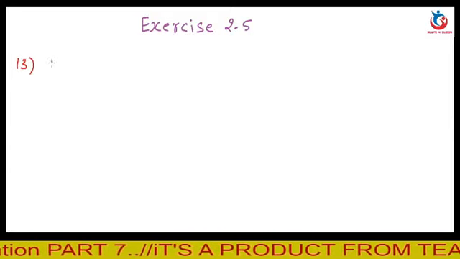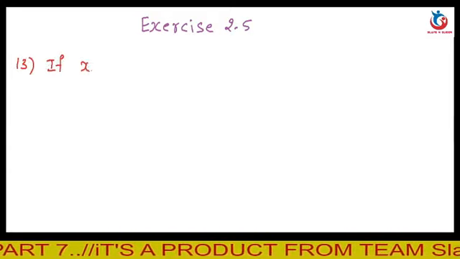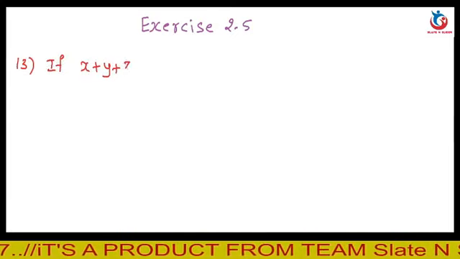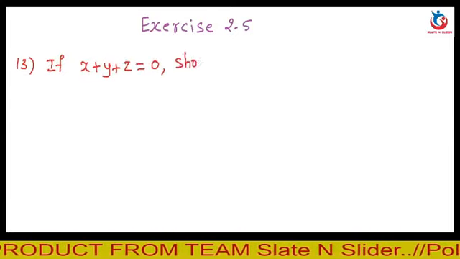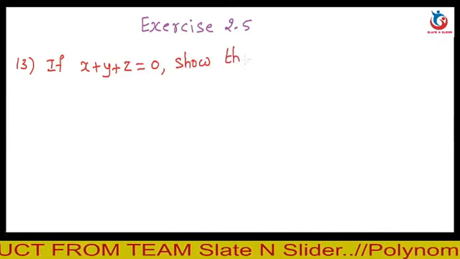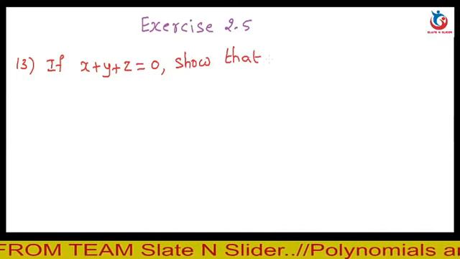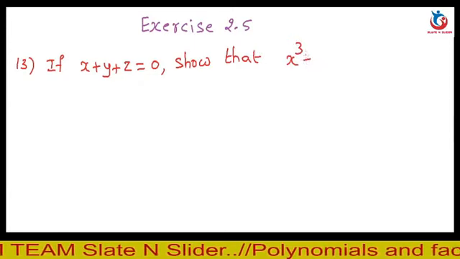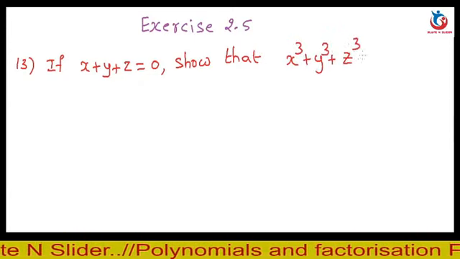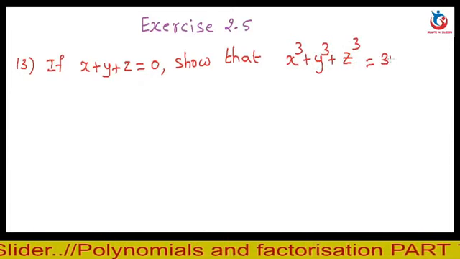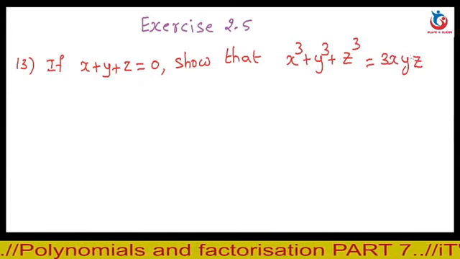The 13th one is, if x + y + z is equal to 0, show that x³ + y³ + z³ is equal to 3xyz.